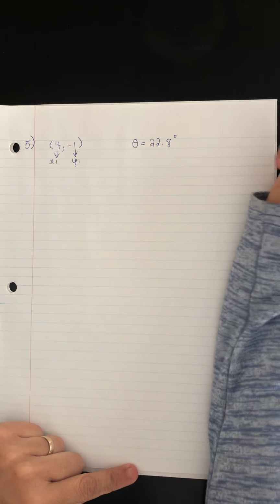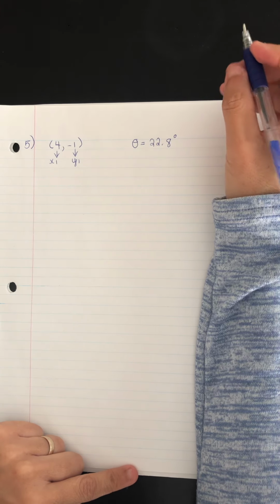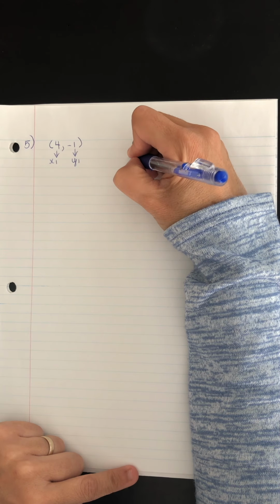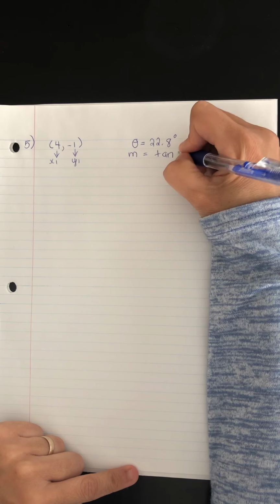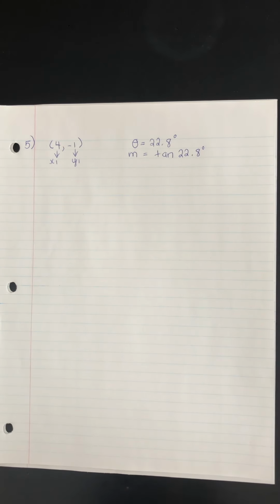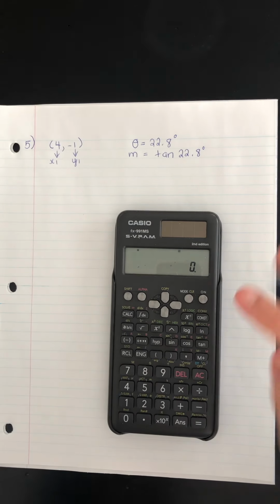Can that provide us information about the slope? Absolutely. You might remember the formula from our last lesson. The slope is always the tangent of the angle of inclination. Okay, so you can use your calculator. Make sure you're in degrees.